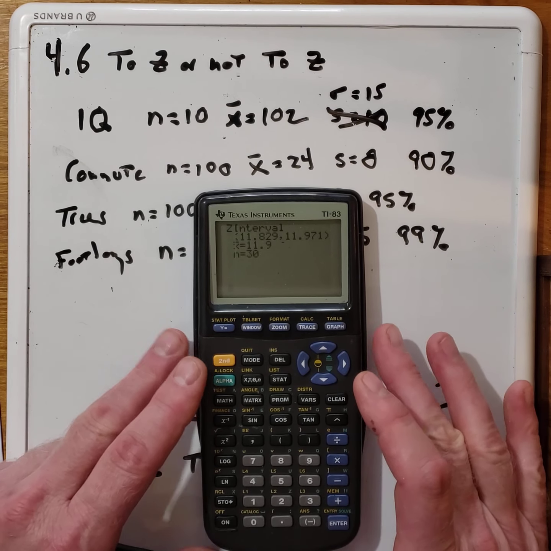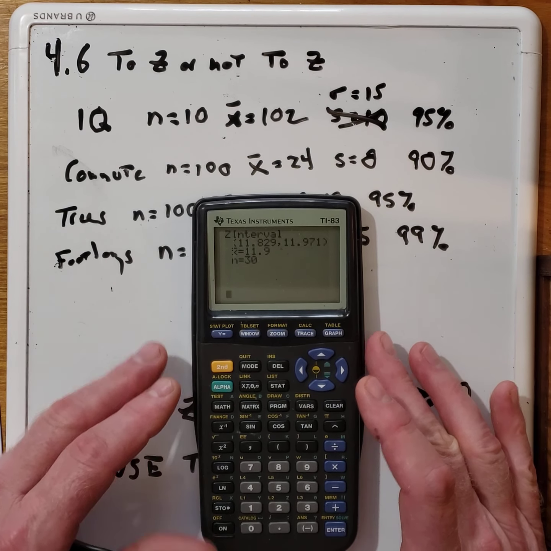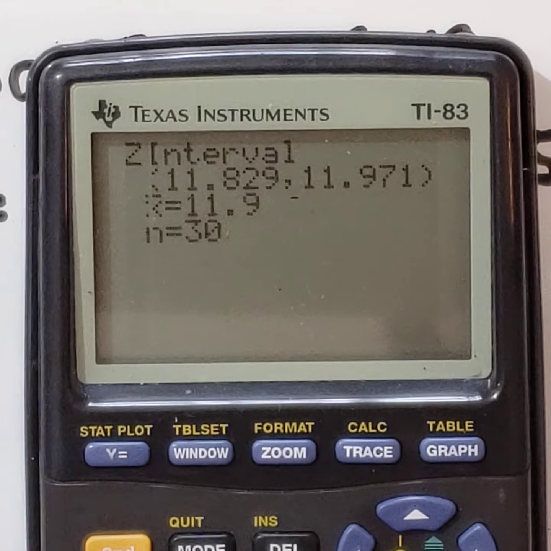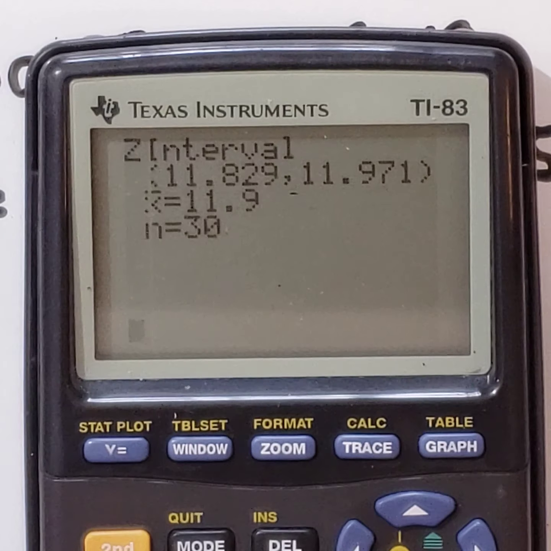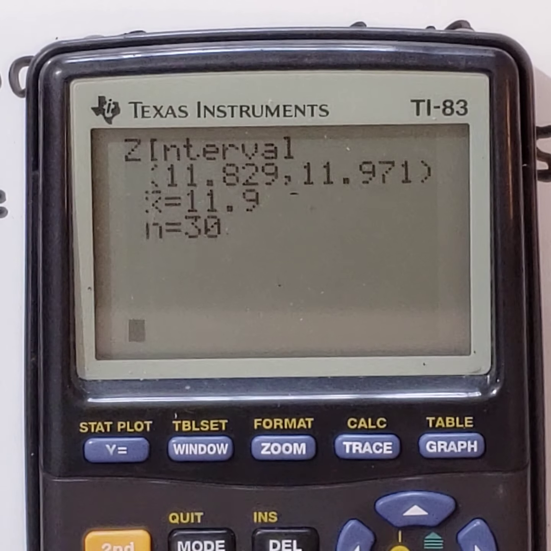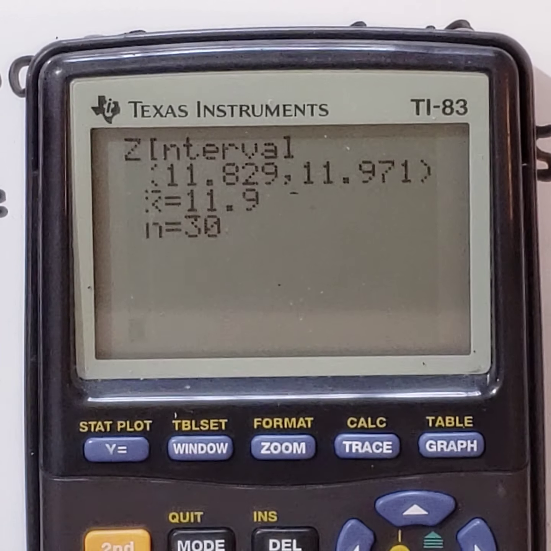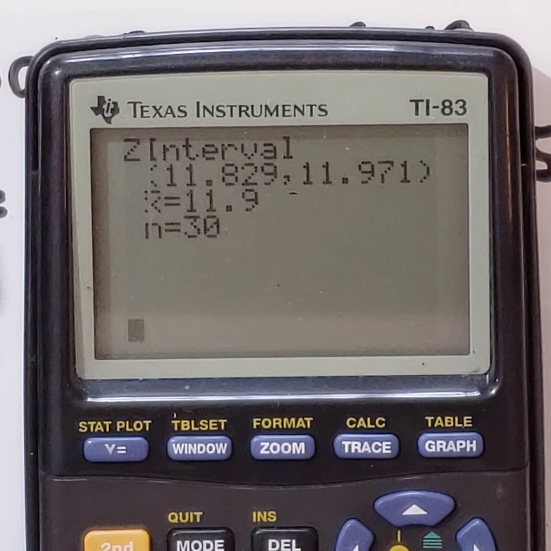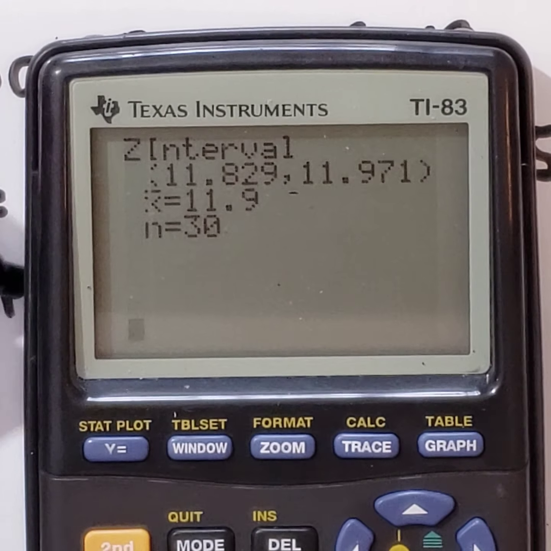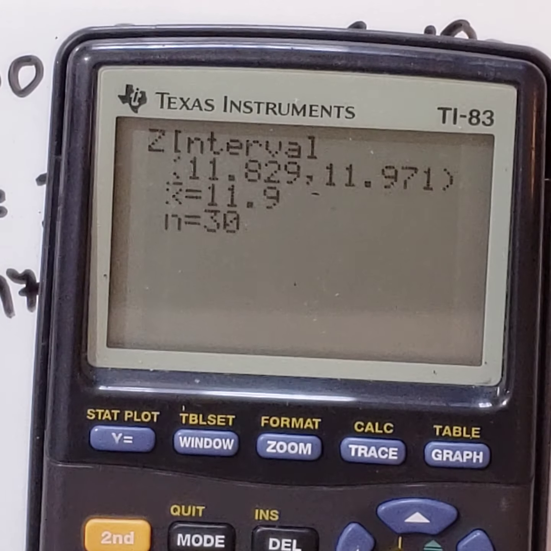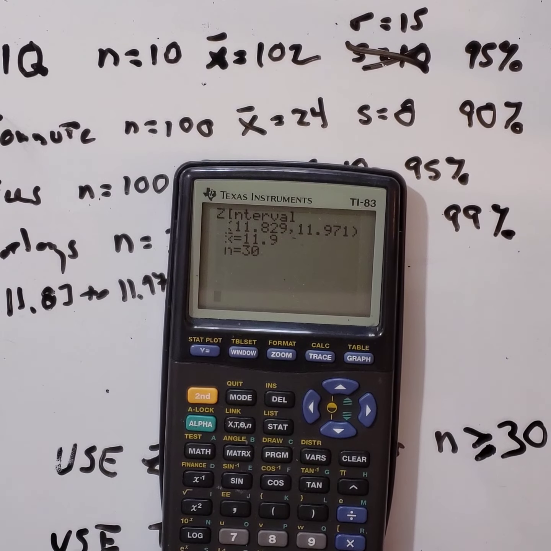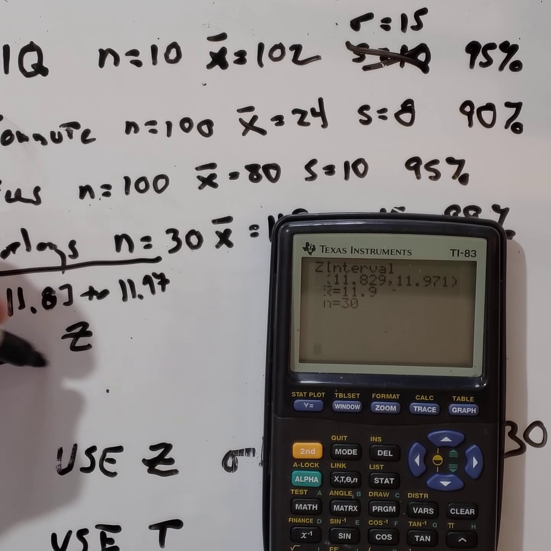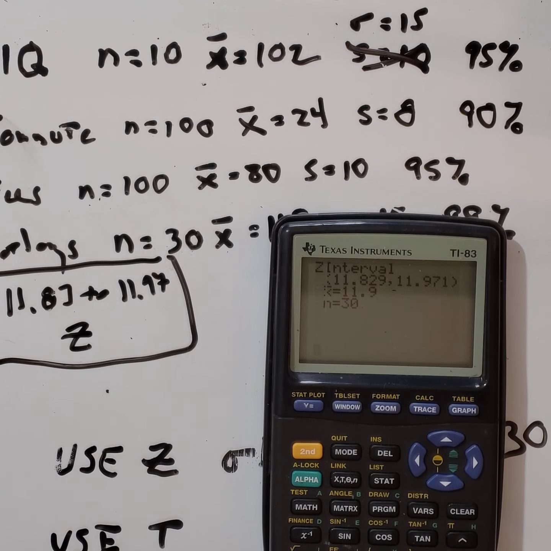Okay, so if we use our z-distribution, we get roughly 11.83 to 11.97. So that's using z. Gave us that for our interval.